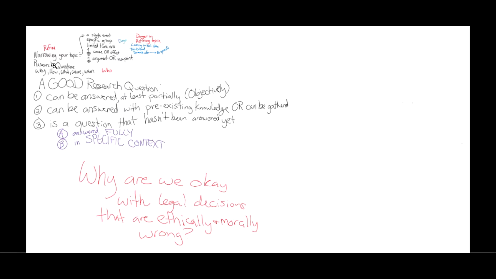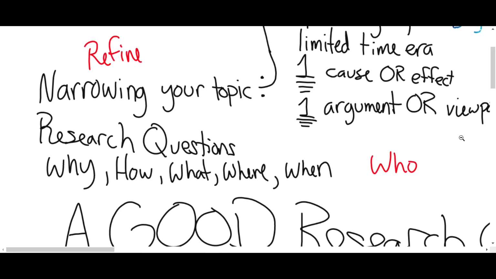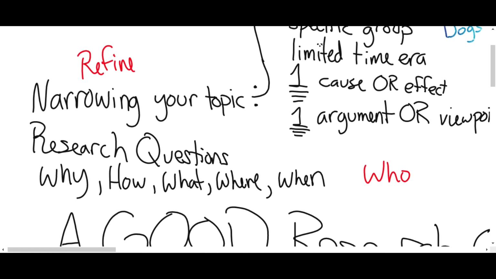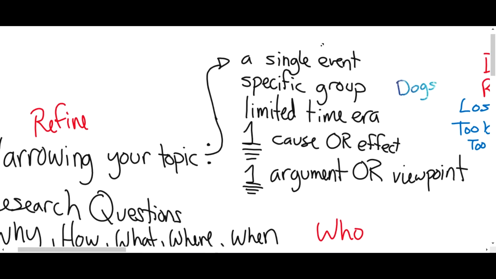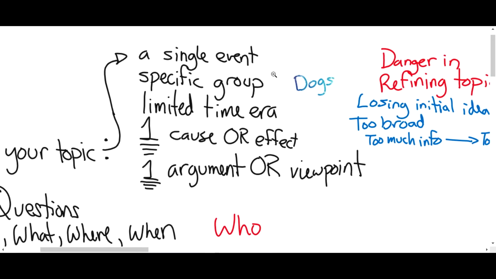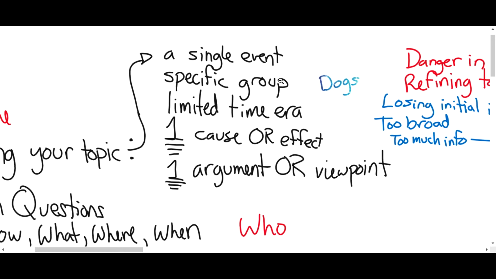But anyway, we're talking about refining your topic, narrowing your topic, and really what we are talking about here when we say narrowing your topic, like I said, refine, we're trying to come up with a specific kind of content, something that's going to make sense.